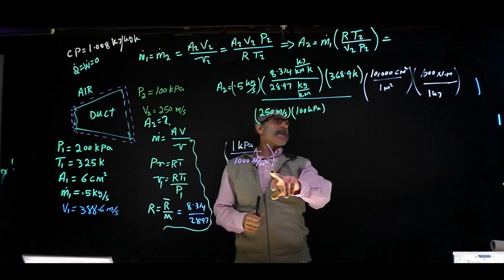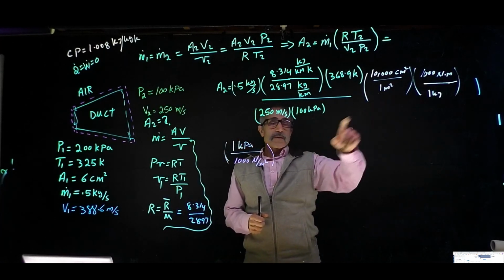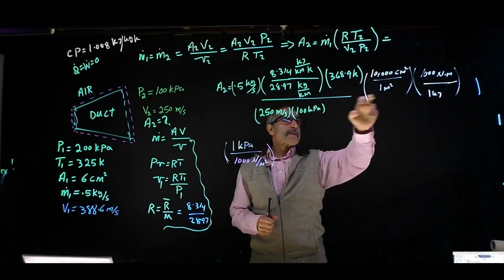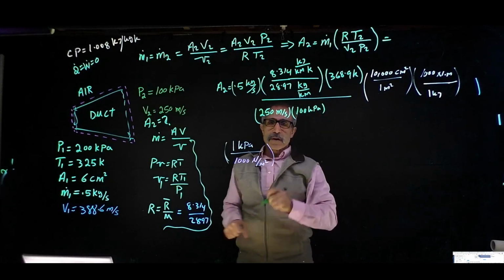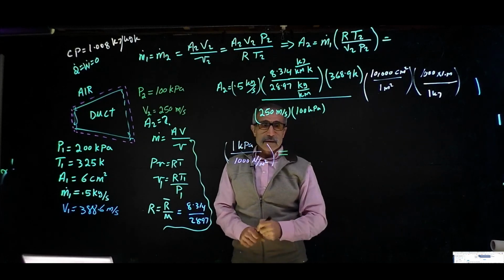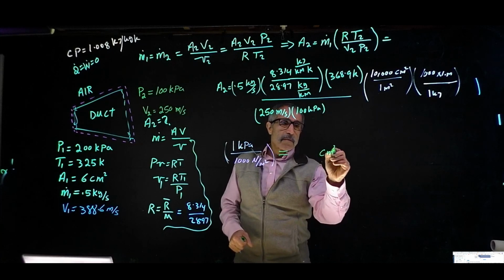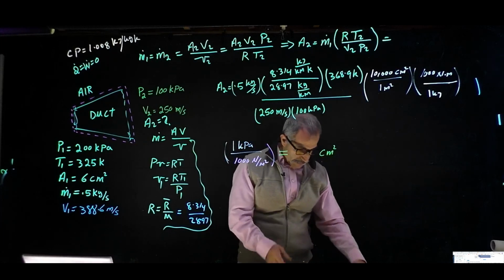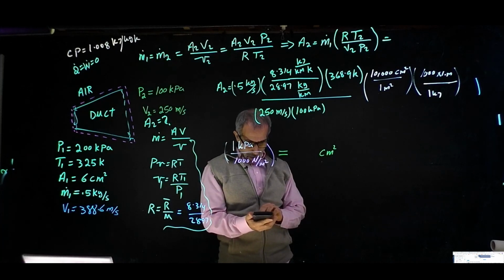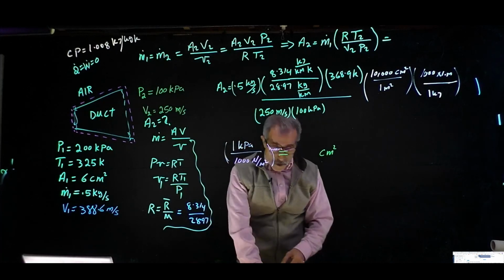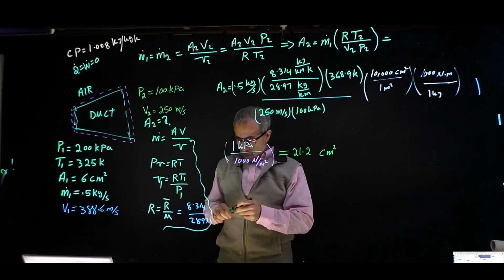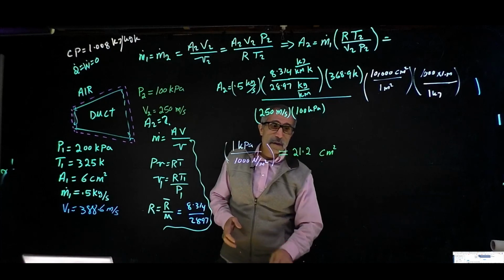Newton per meter squared, Newton goes, meter squared, 1 meter left, kilojoule goes, centimeter. Yep, they all check out. And that comes out to centimeter squared. But how much, I don't know. That is 21.2 centimeter squared.